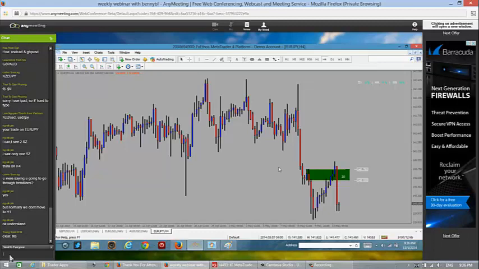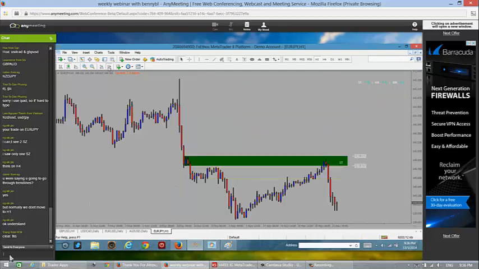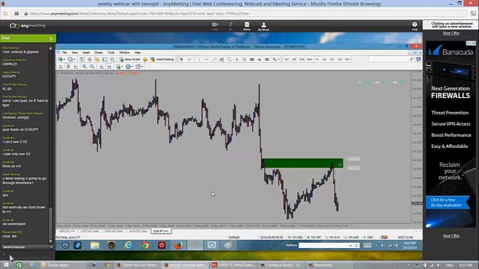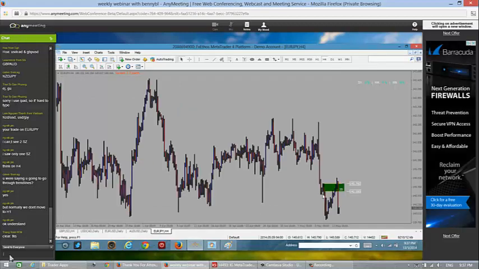Once you see the momentum, for example, in this example, once we see this kind of momentum downwards on the H4, it drops. It bases, it drops.